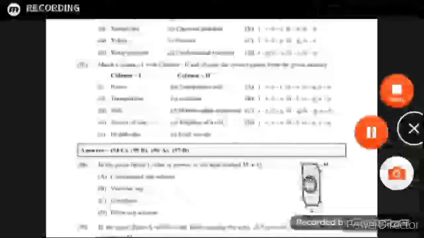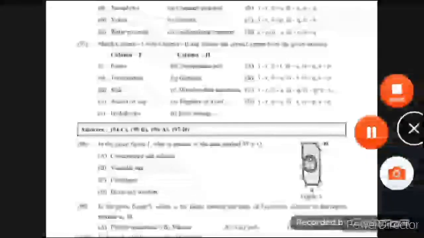Option C they have given that porins, it is the... So the next is option A. The first one is the porins.